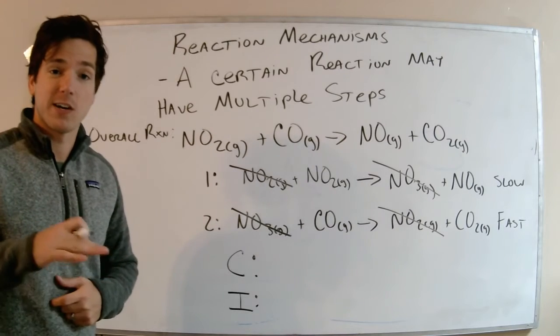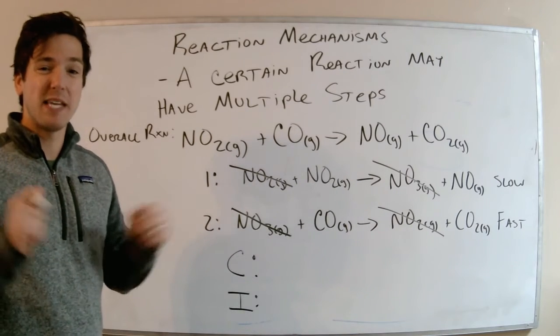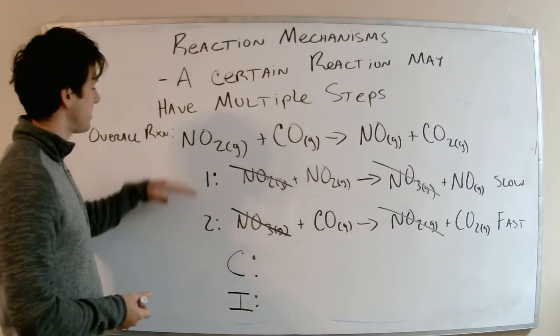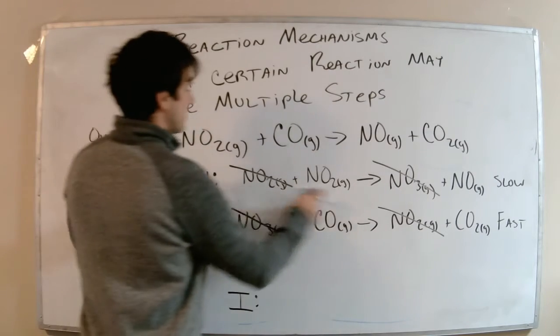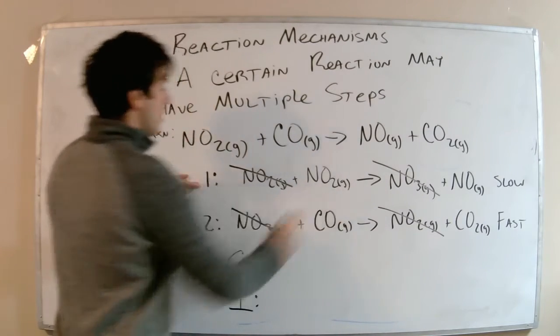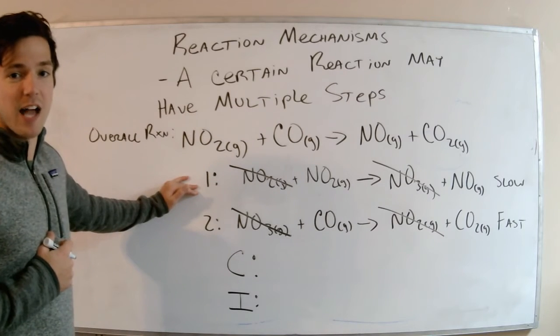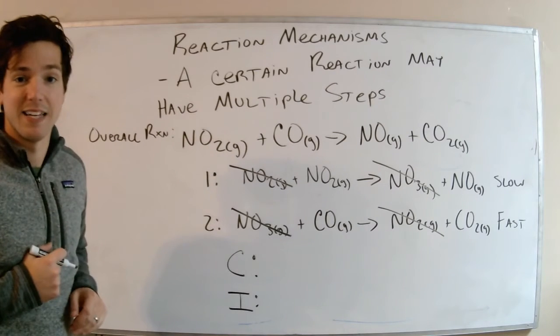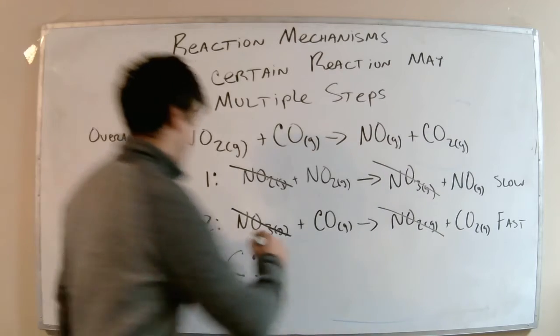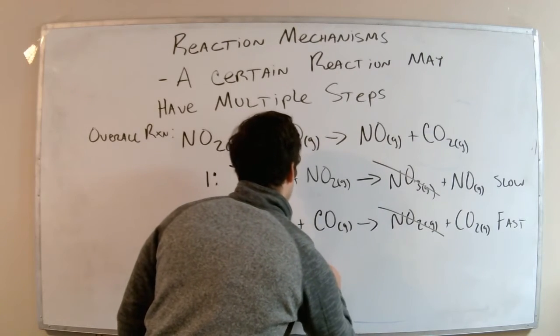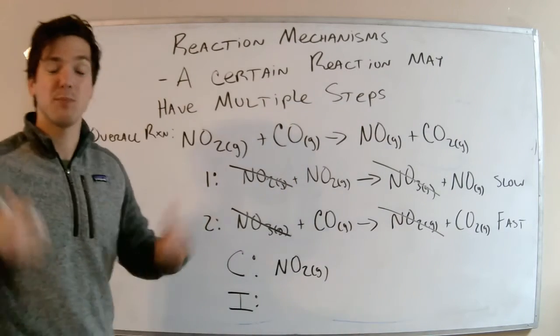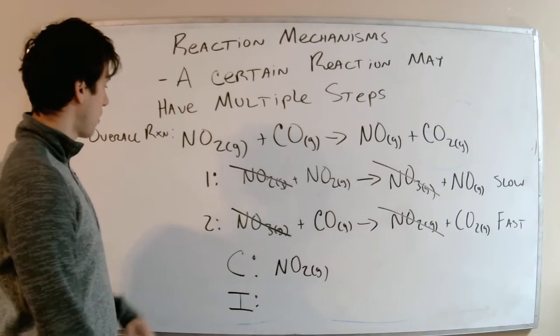Catalysts are things that are crossed out that were at the very beginning of our reaction. So if we're looking at step 1 and we look at what's at the beginning of our reaction, what was in the beginning of our reaction that got crossed out? NO2. So NO2 is our catalyst. It's something that was included at the very start of our reaction, and that helped speed it up. So in step 1, you've got to look.